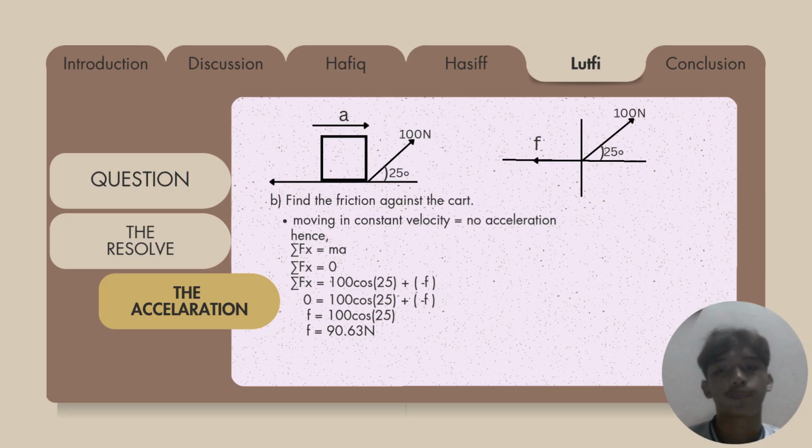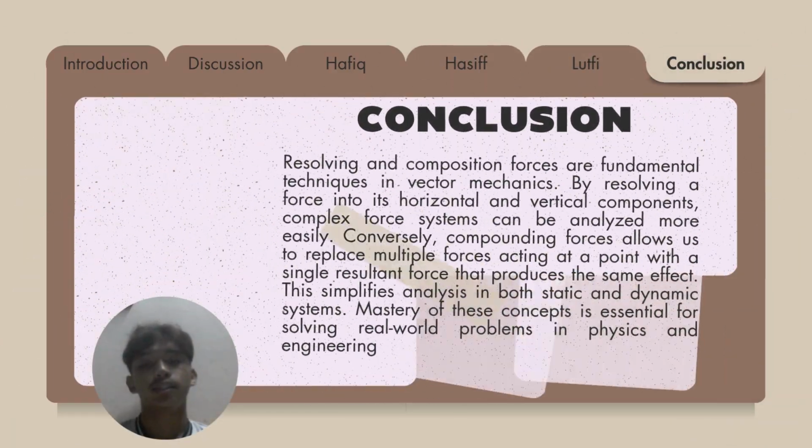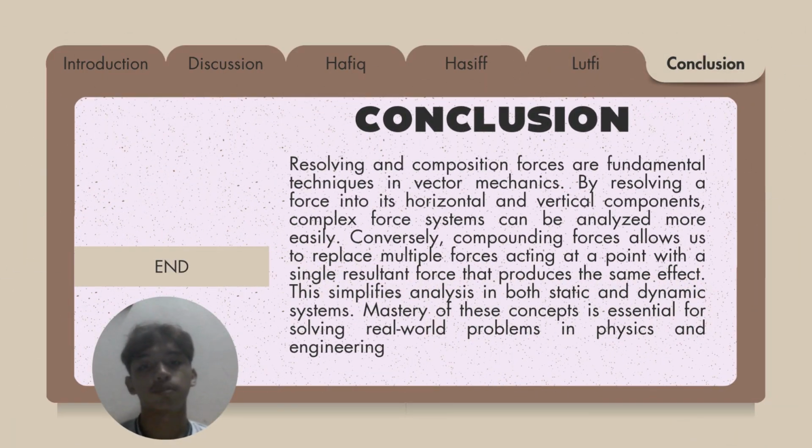And then by using the calculator, lowercase f equals 100 cos 25 degrees, and our final answer is friction equal to 90.63 Newtons.